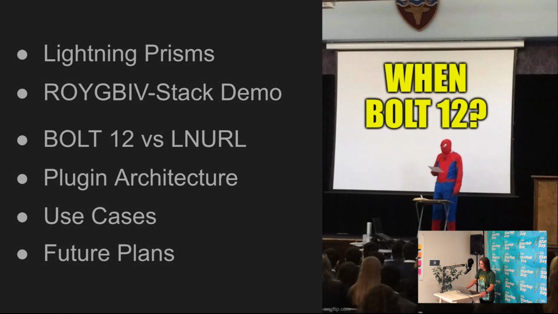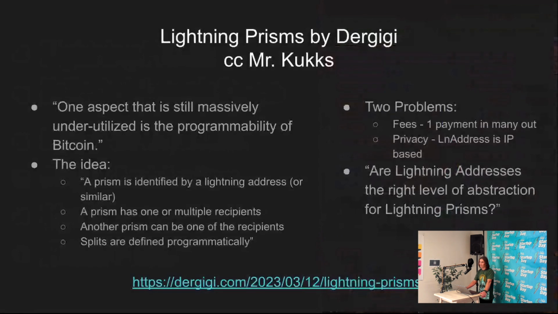I think it was around March that Dergigi wrote an article on Lightning Prisms, and in there he gives credit to Mr. Kukks, who came up with the idea of Lightning Prisms. In that article, Dergigi says, one aspect that is still massively underutilized is the programmability of Bitcoin. This was really made apparent to me when I started working on plugins, because a plugin is just extra functionality that you can add to a C Lightning node.